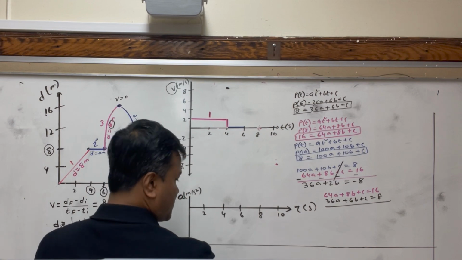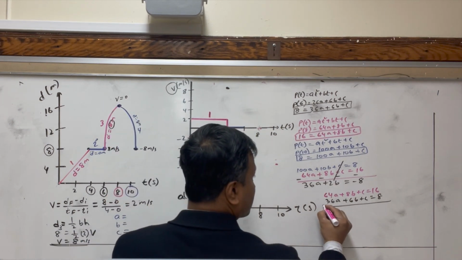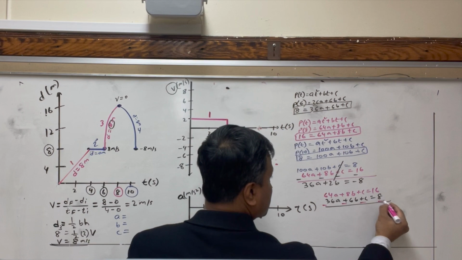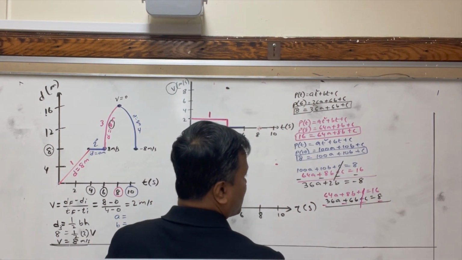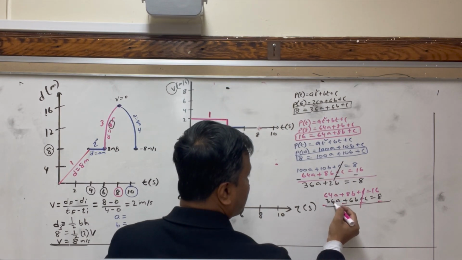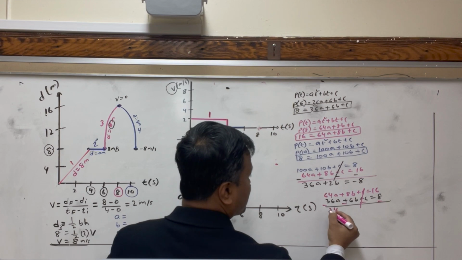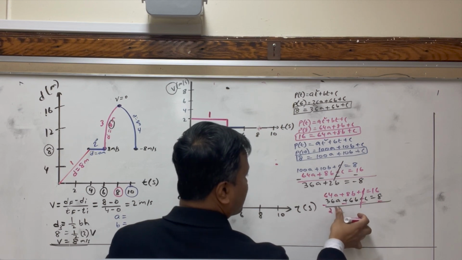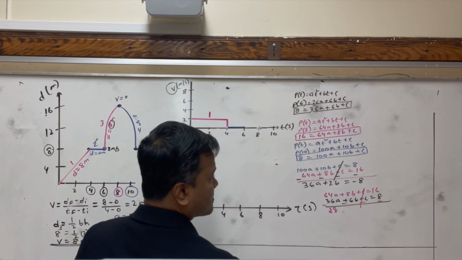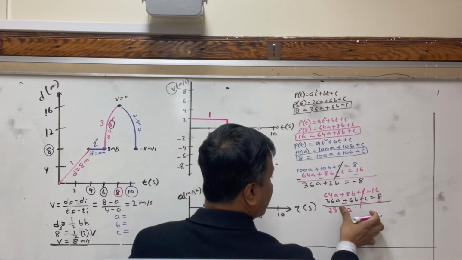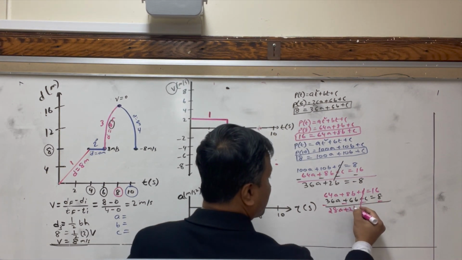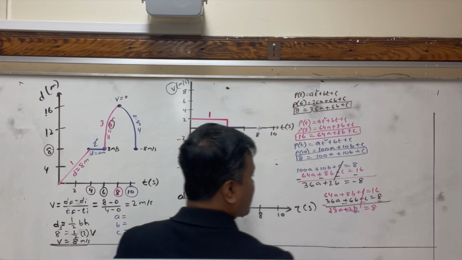We're going to do subtraction. So c cancels. So 64 minus 36 is 28, and 8 minus 6 is 2. So 28a plus 2b is equal to, of course, 8.